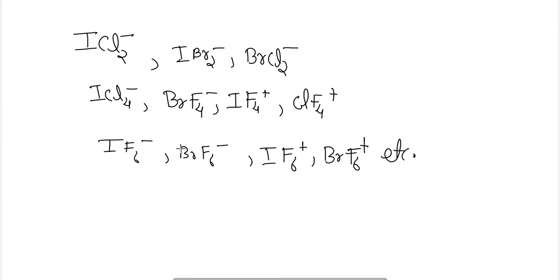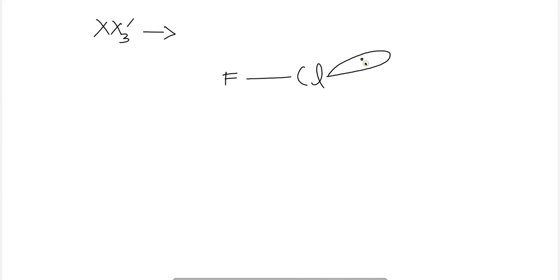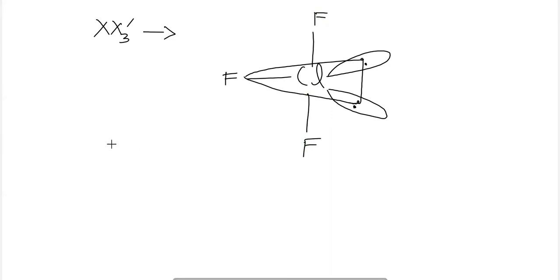Now let's talk about their structure, which kind of structures they possess. Generally the XX'3 compounds will have trigonal bipyramidal geometry. Taking chlorine trifluoride as an example, the chlorine's two lone pairs and one fluorine will be on the same plane, forming a triangular structure, with one fluorine atom at the top and one at the bottom.